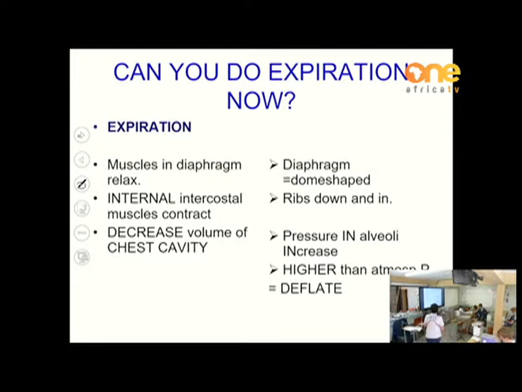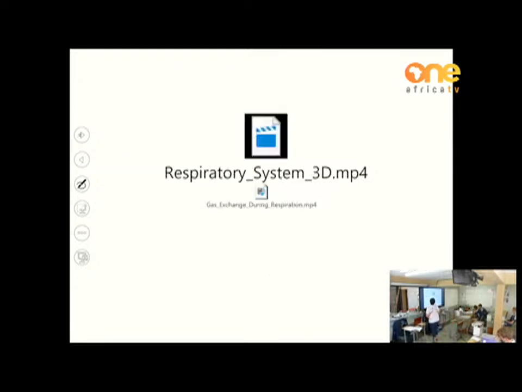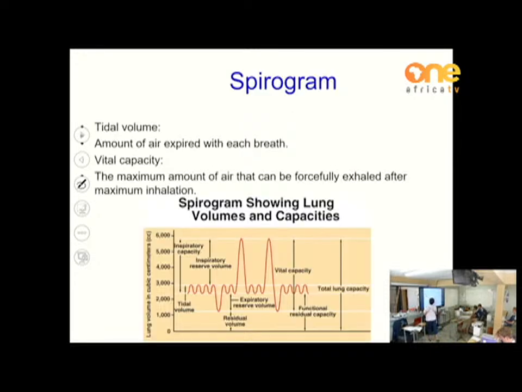And that brings us to our next part. If we look at a spirogram, and they sometimes give you a spirogram or a graph and ask you some questions on that. So if I look at this, the tidal volume is that part in there, is how I breathe in and out when I am not exercising.